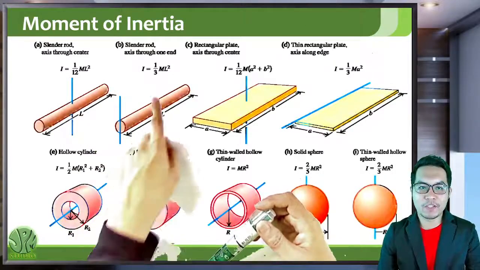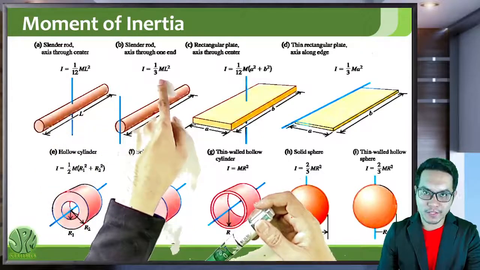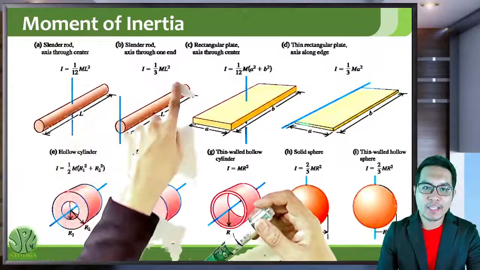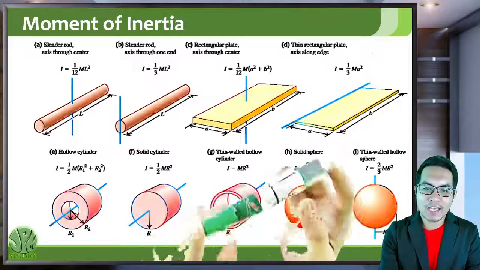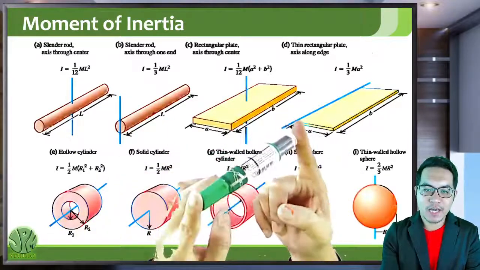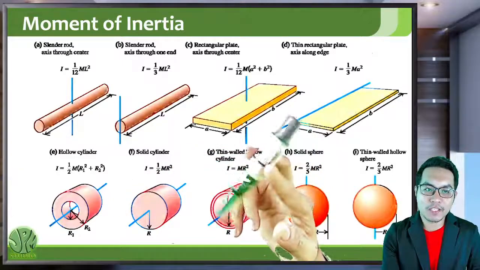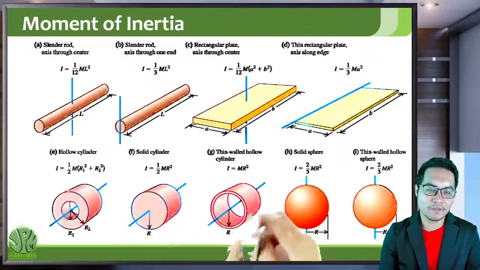Its moment of inertia becomes 1/3 m l squared. From 1/12, it becomes 1/3. So 1/3 is greater than 1/12, which means it is harder to rotate a slender rod at any of the edges as compared to rotating it at the center. It's easier to rotate a rod at the center as compared to the edges.